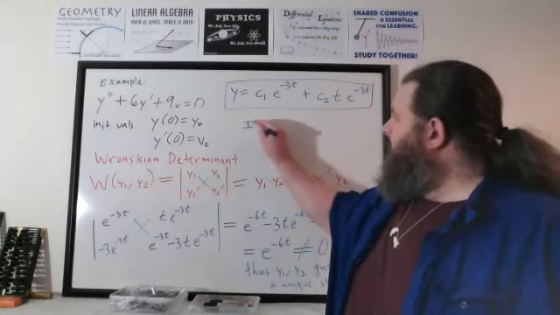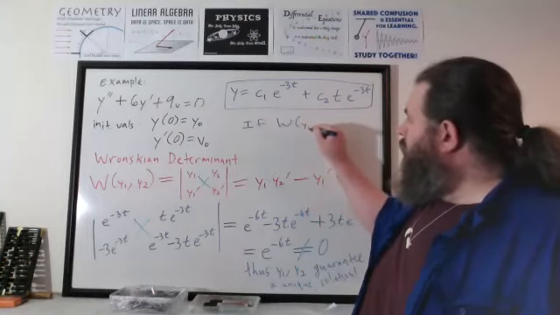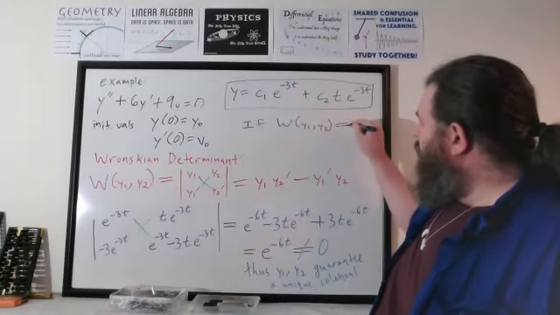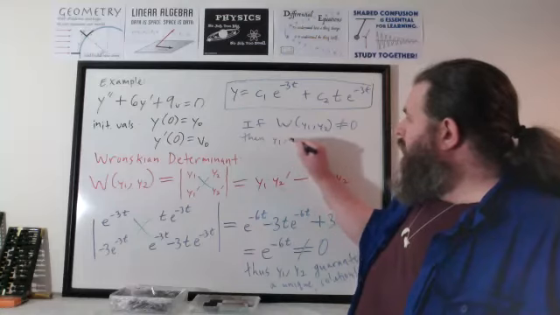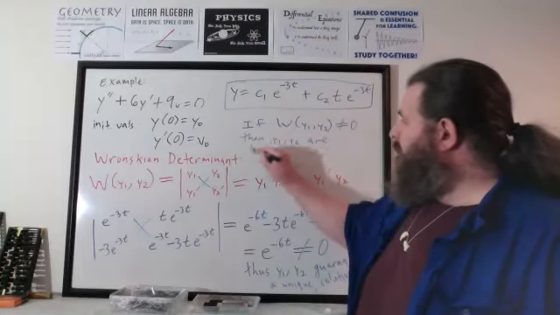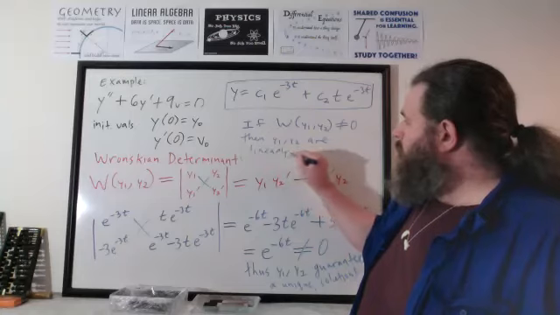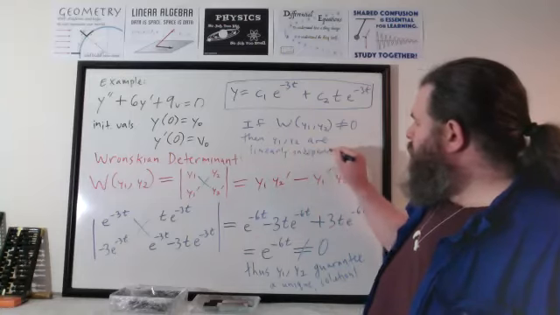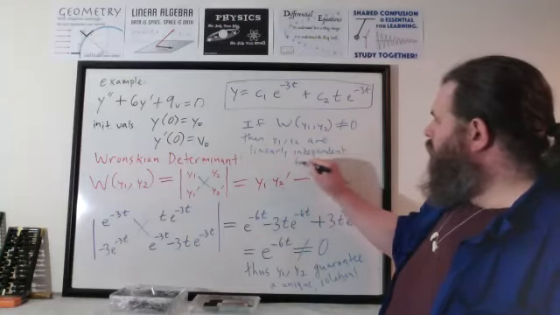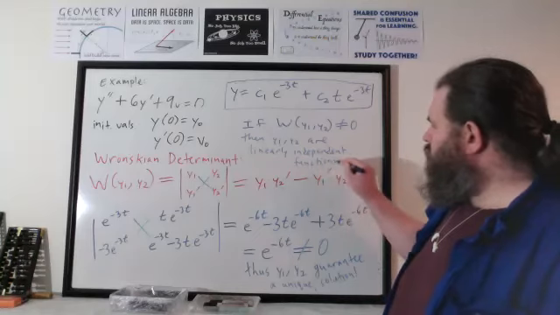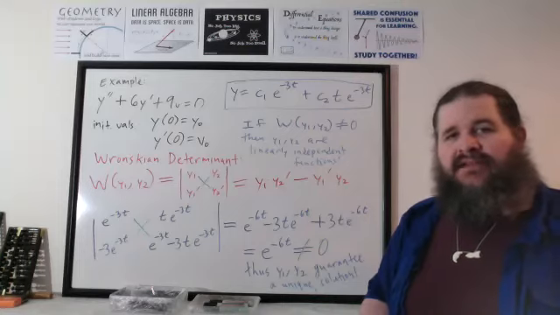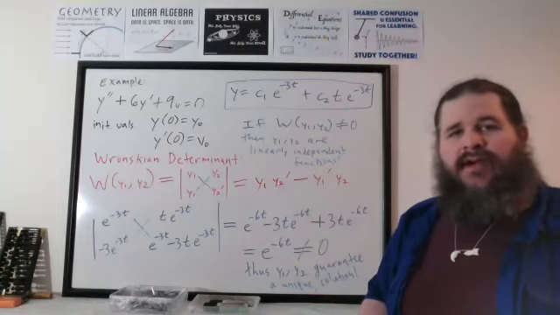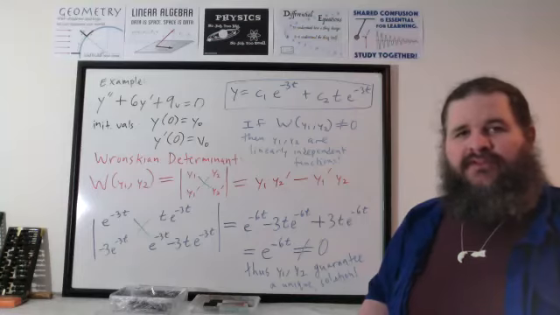In general, if the Wronskian of y1 and y2 is not 0, then we'd say y1 and y2 are linearly independent functions. Whereas if the Wronskian happened to be exactly zero, then that would tell you that they're not really different functions, that one of the functions is just some multiple of the other function in disguise.